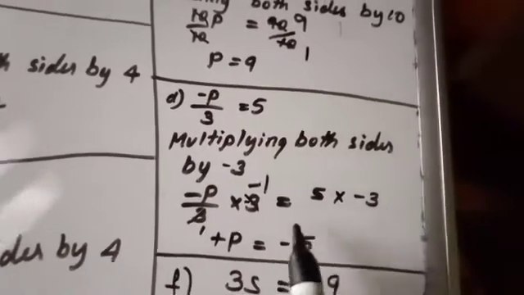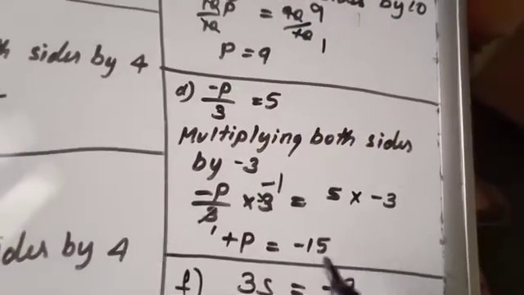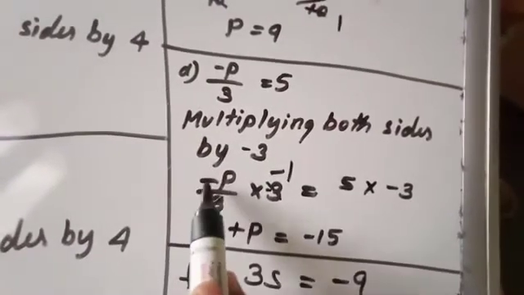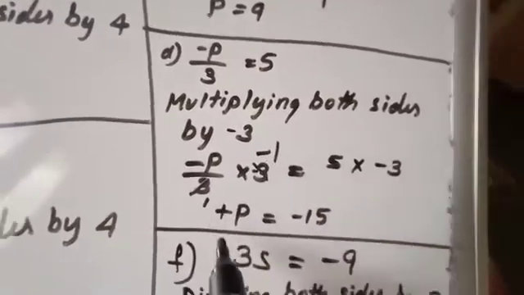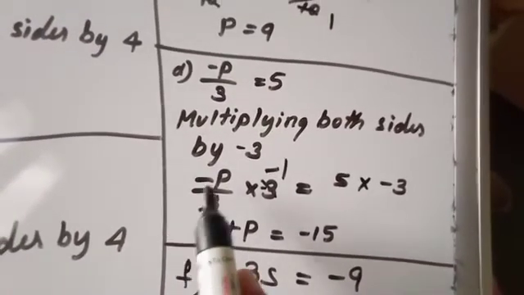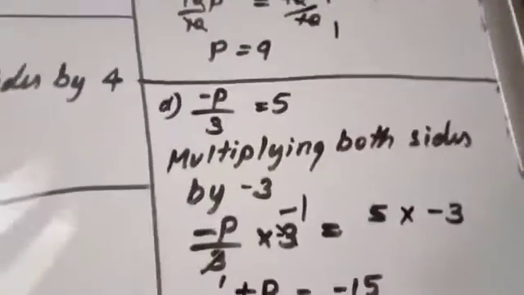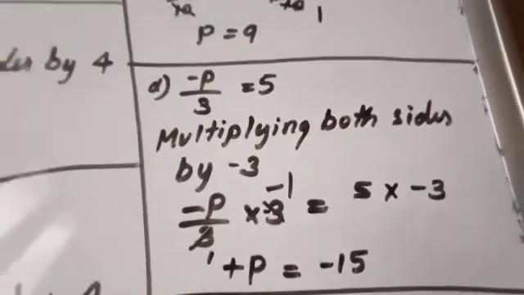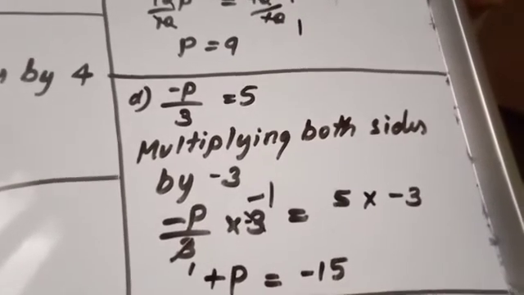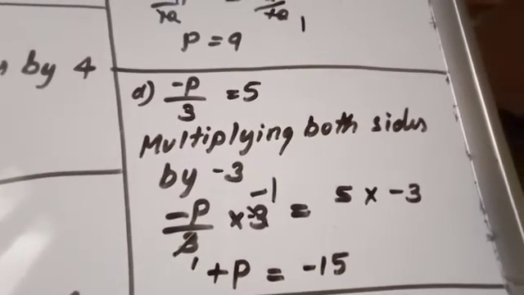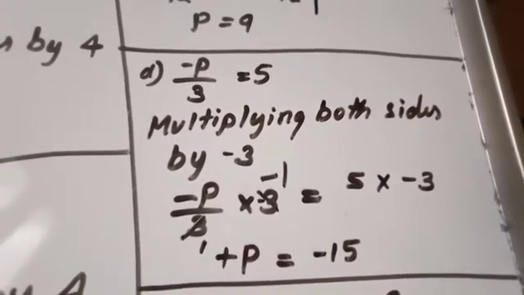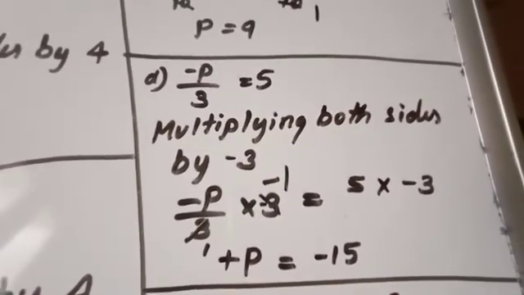Then 5 minus 3s are, we will get minus 15. Minus p into minus 1, we will get plus. We have learned in integers that minus becomes plus. So now the variable has become plus. p is equal to minus 15. Hope you understood why we have done it this way.